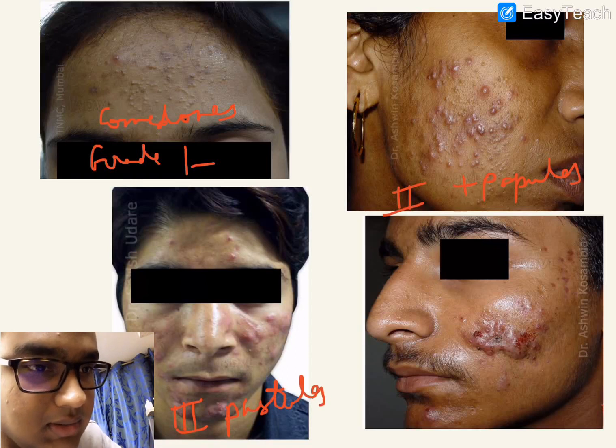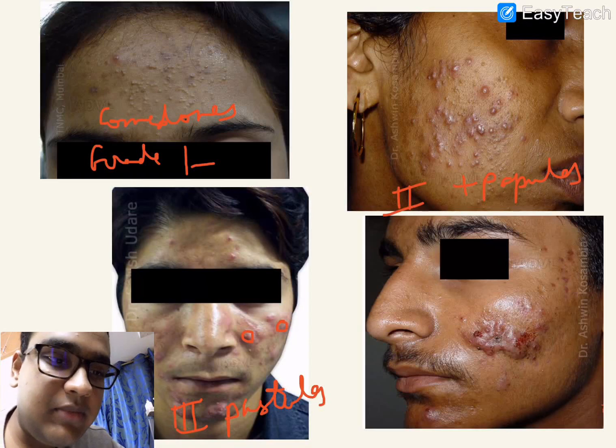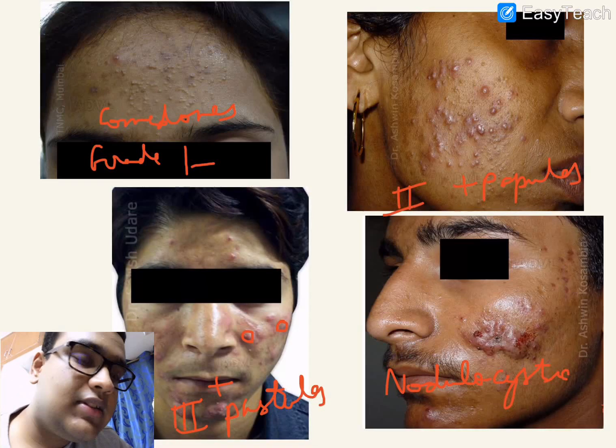As you can see here, these are all pustules, and they appear erythematous also because of inflammation. So comedones plus papules plus pustules is grade 3, and grade 4 is what is known as nodulocystic acne, where there can be abscesses also because of multiple pustules aggregating together.